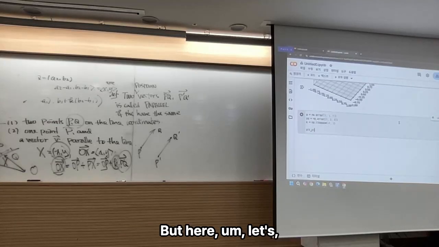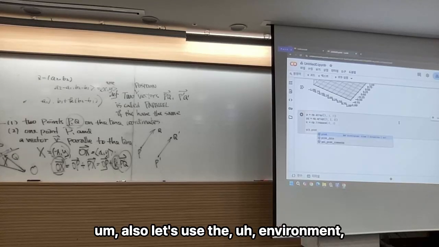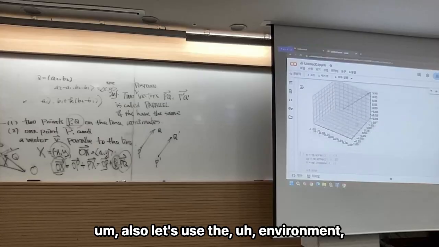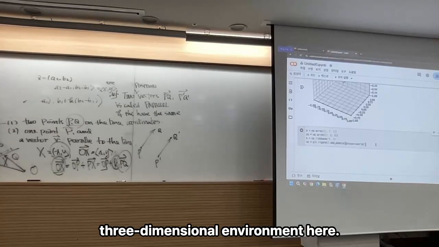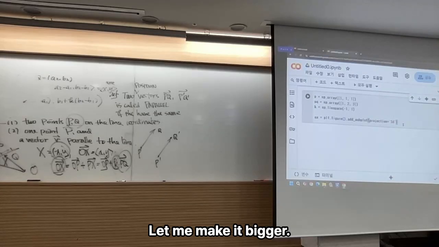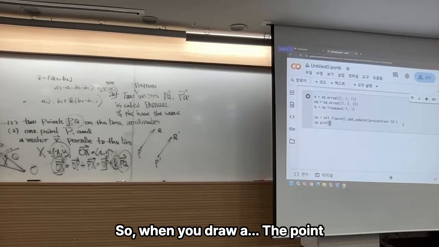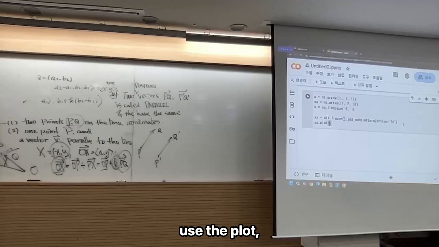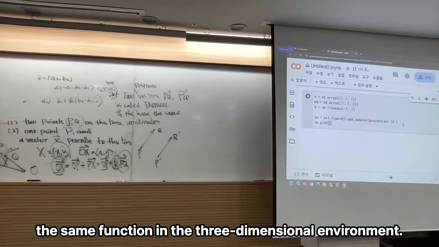But here, let's use the three-dimensional environment here. Let me make it bigger. So when you draw the point and also point connected with line, use the plot, the same function in the three-dimensional environment.